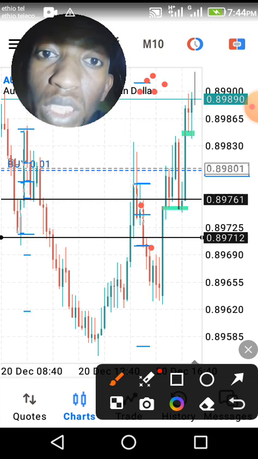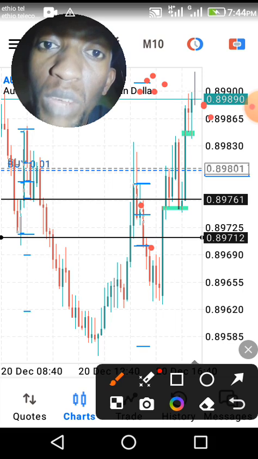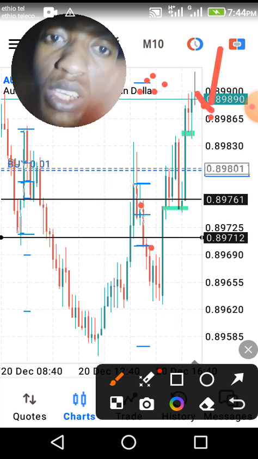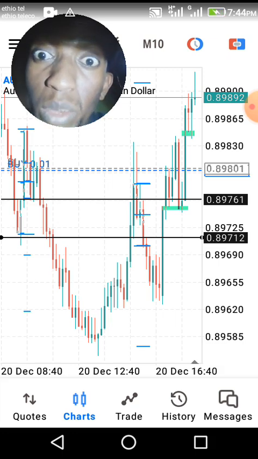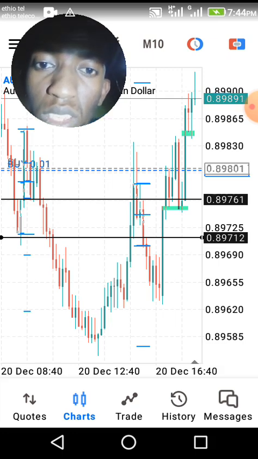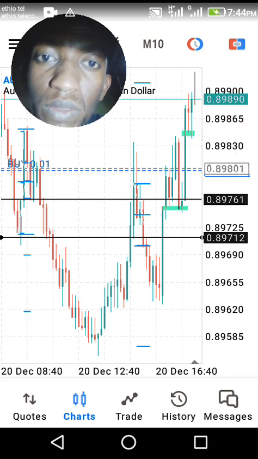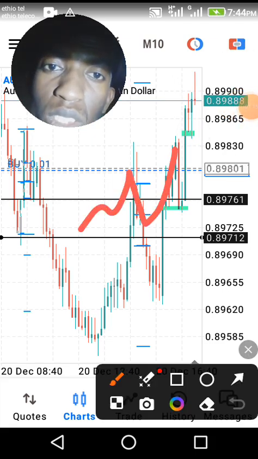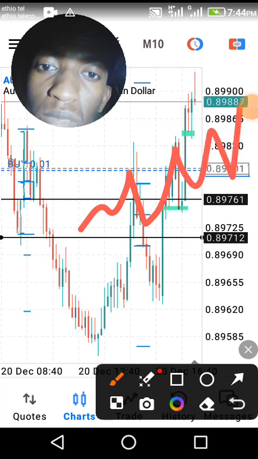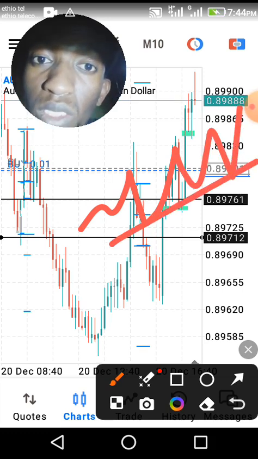We already hit TP2, so we would be anticipating a retracement, a pullback, or some kind of weakness and then continuation, right? That is how the market moves: pullback, impulse, pullback, impulse, pullback, impulse. This is exactly how market structure works.